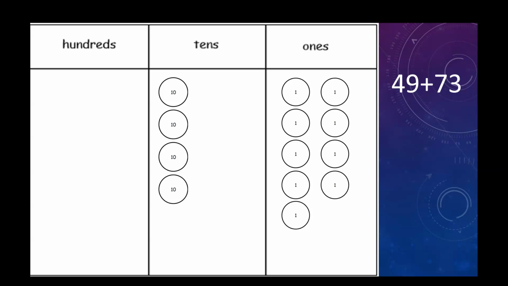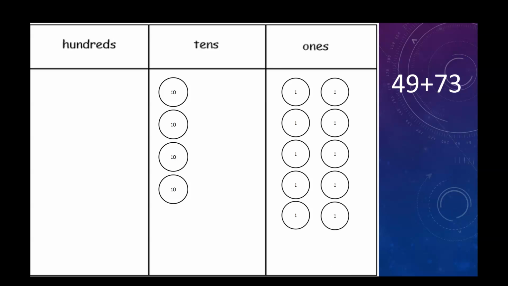We have 49 on our chart right now. We have 4 10s and 9 1s. So now we need to add how many 1s? Right, we need to add 3 because 73 has 3 1s. Okay, so let's add 3 1s.